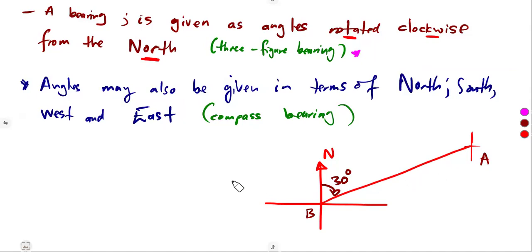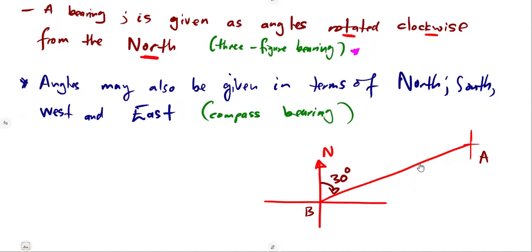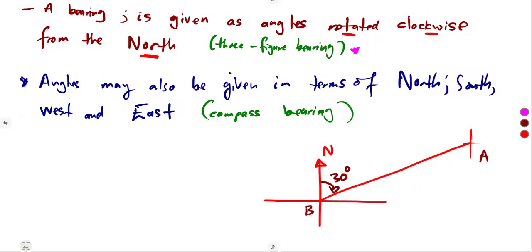Let's say this is what we had originally from the question. The bearing of A from B is what? 30 degrees, sorry. That is 30 degrees. Three-figure bearing. We just did, okay, from the north in a clockwise direction.